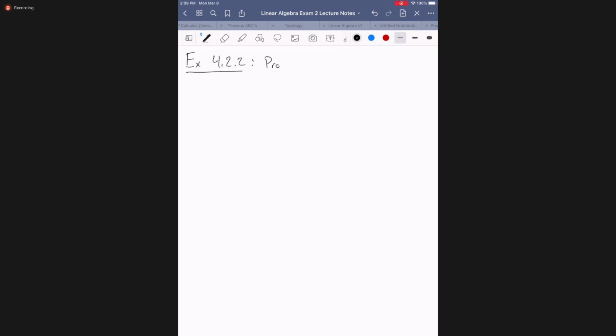Prove that the set of all 2x3 real valued matrices under the standard addition and multiplication of matrices, and I mean scalar multiplication, not actual multiplication of matrices, is a vector space over R. So by the way, again, I want to ask you guys, what do I mean by this over R? What does this mean again?